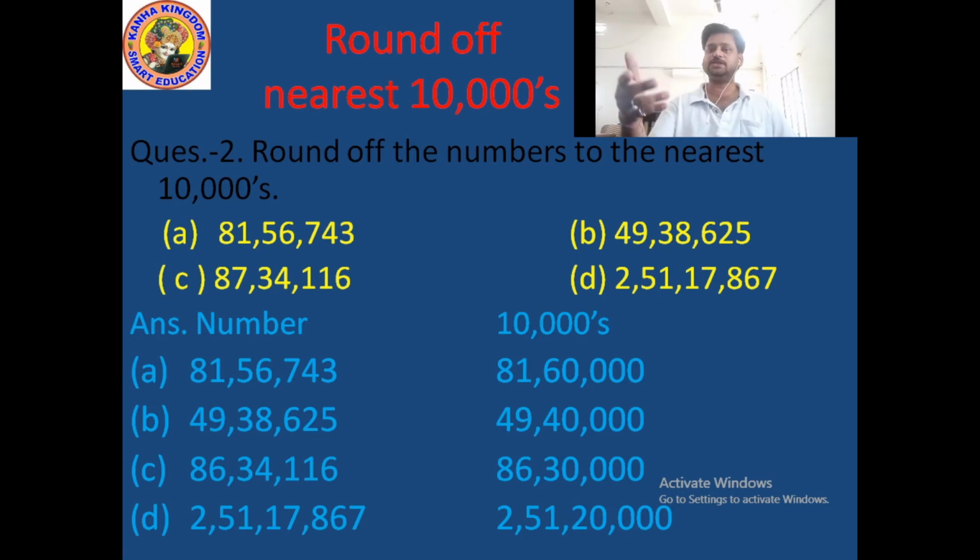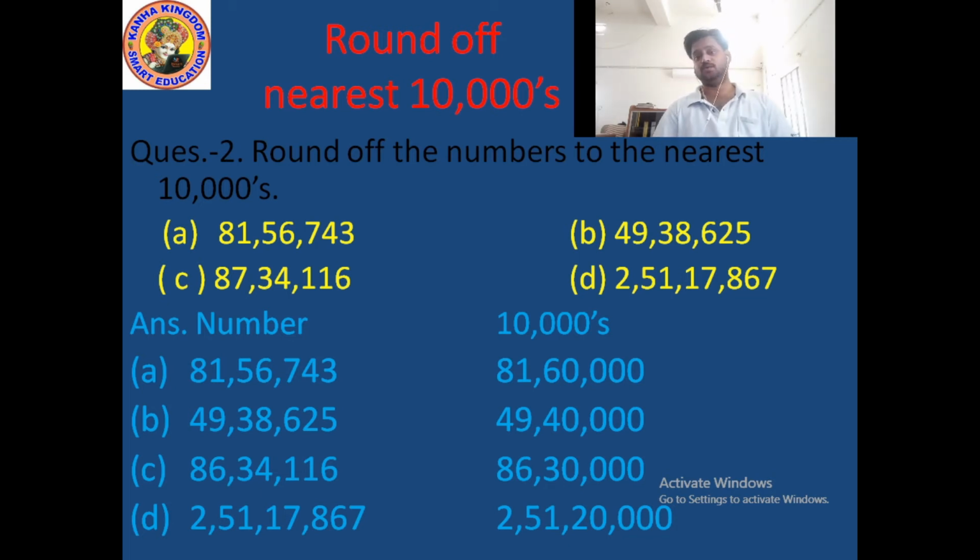First I will explain this one, then your confusion will be clear. So this part is 2 comma 51 comma 17 comma 867. Once again I repeat the number, 2 comma 51 comma 17 comma 867.